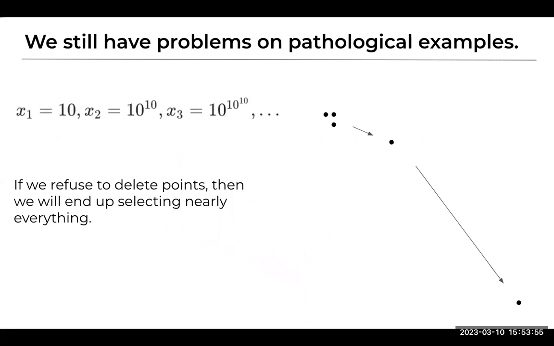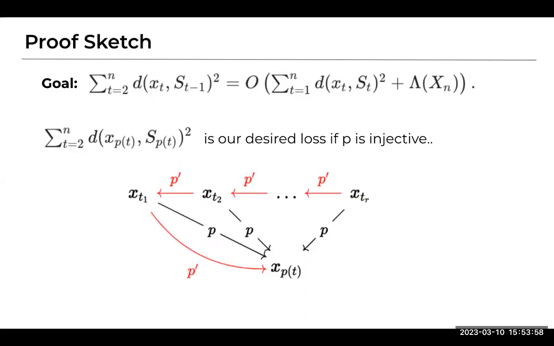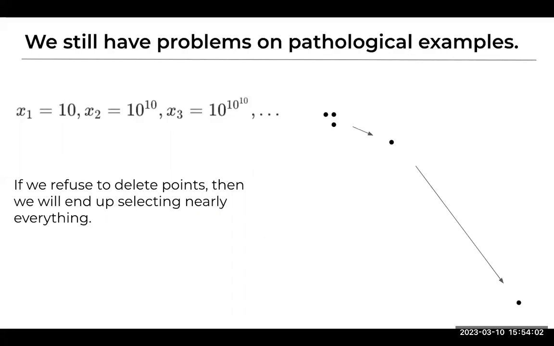Cool. So this idea turns out to be helpful for building a good algorithm, but we still get stuck. The reason we're still stuck is that you can still have these pathological examples where your data is super spread out. This is the same example I showed you earlier. The issue on these examples is that if we're trying not to delete points, we're going to end up wanting to select lots of points.